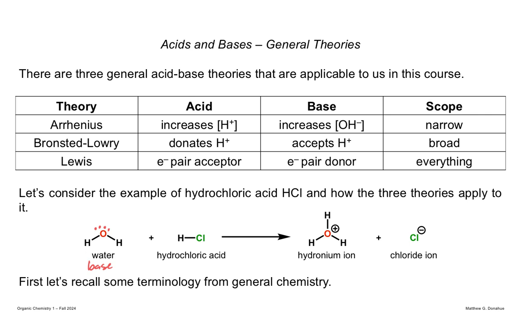So how does it happen? In terms of the Lewis base theory, the acid HCl is going to accept a lone pair of electrons from water. Water is the base, is going to donate that lone pair.